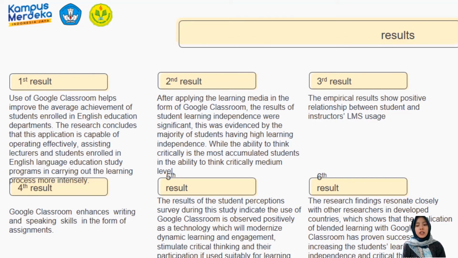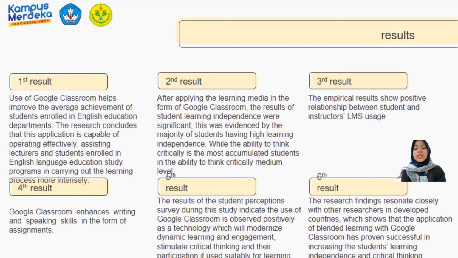And then the sixth or last article, the research findings resonate closely with other researchers in developed countries, which show the application of blended learning with Google Classroom has proven successful in learning English. As we know, in this pandemic era, we use blended learning or a mixed method in learning, especially learning English, because we can increase our skills in writing, speaking, reading, and listening.